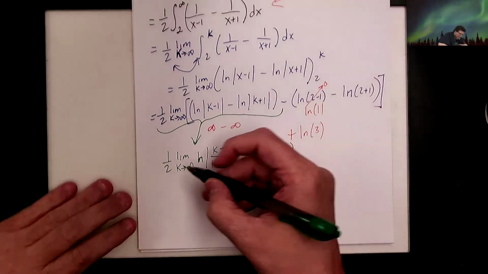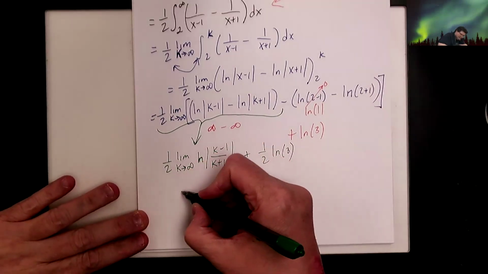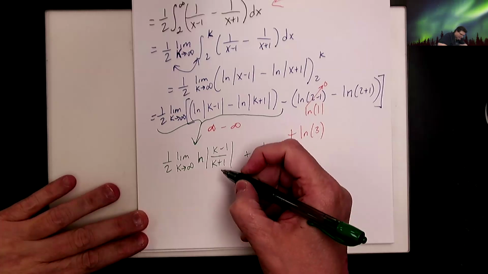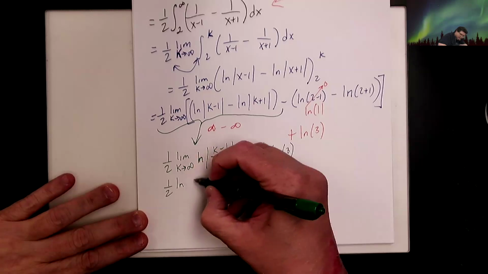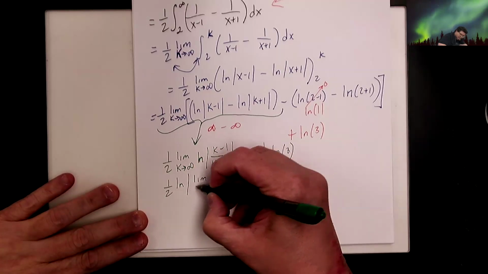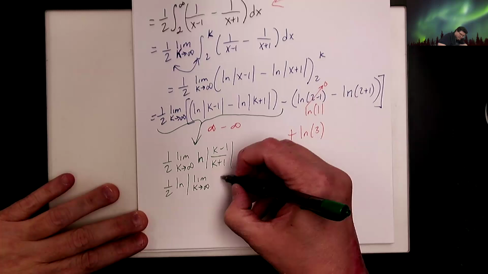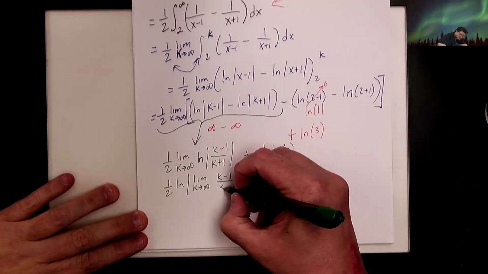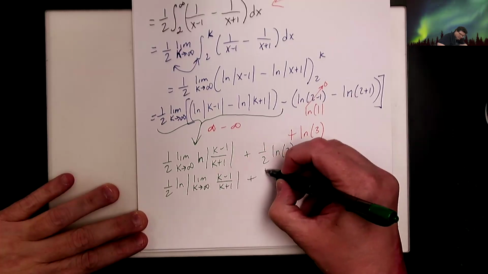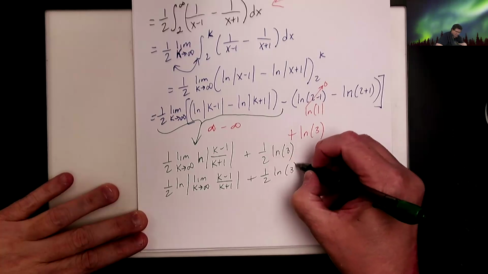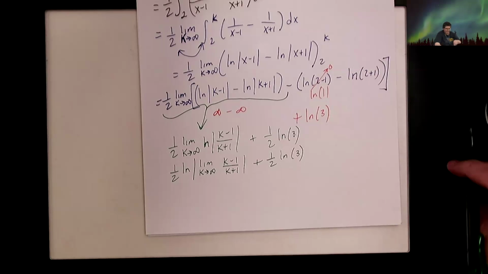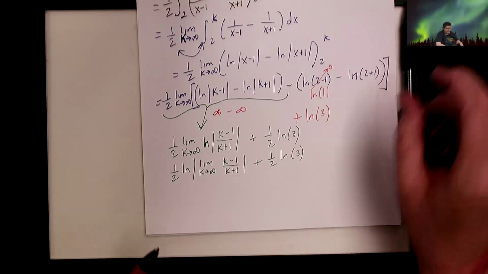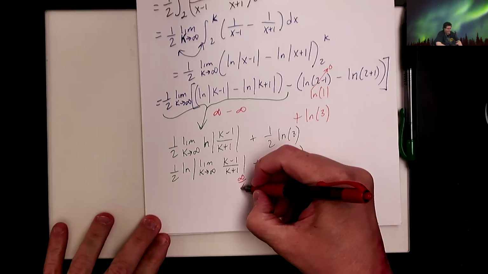But we saw limits can move inside. Because this is like infinity over infinity, that's still not helpful. Limits can move inside of the natural log. Again, this is indeterminate, infinity over infinity.